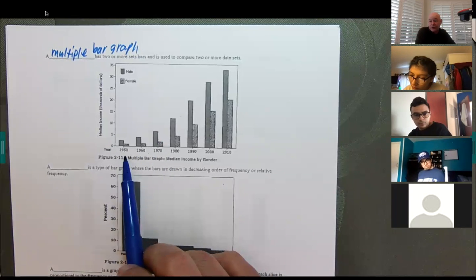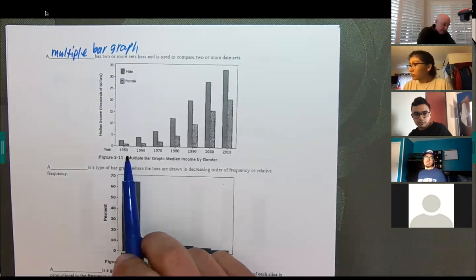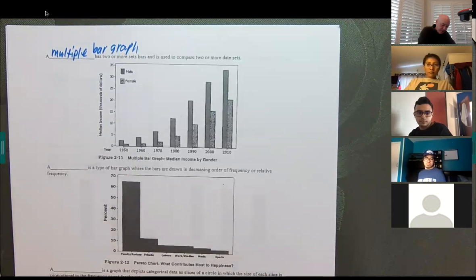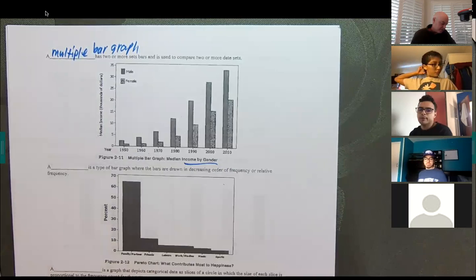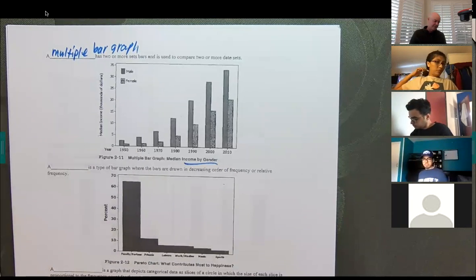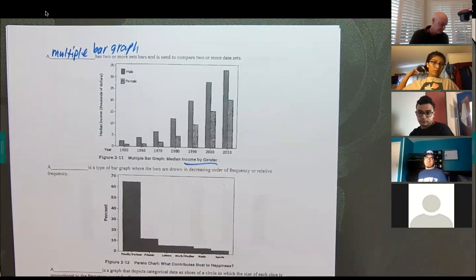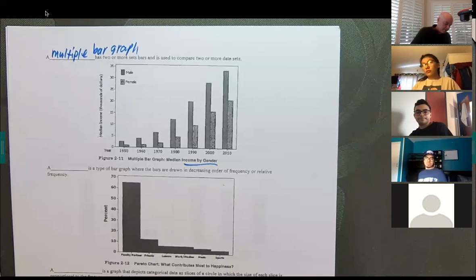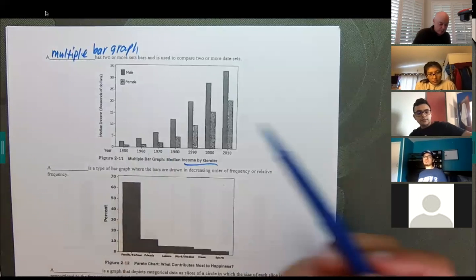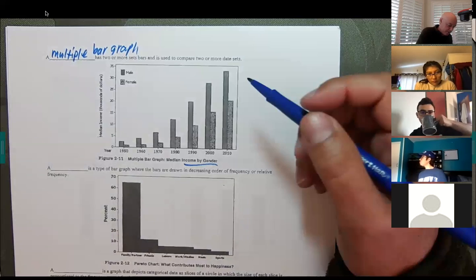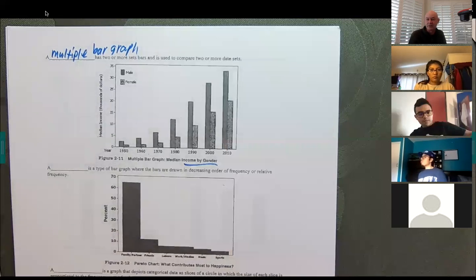You could compare 3 or 4 different things if you needed to. This one in particular is income by gender. Actually, that's a little out of date. It should be income by sex, but that's fine. And you can see traditionally men make more than women. As much as men try to deny that, unfortunately that's the way it is.